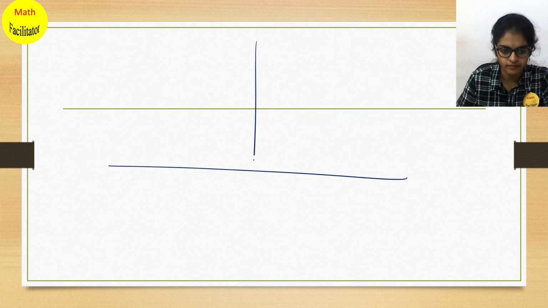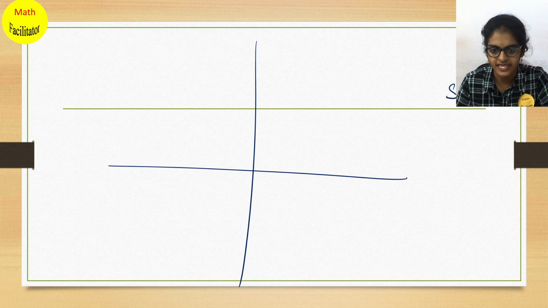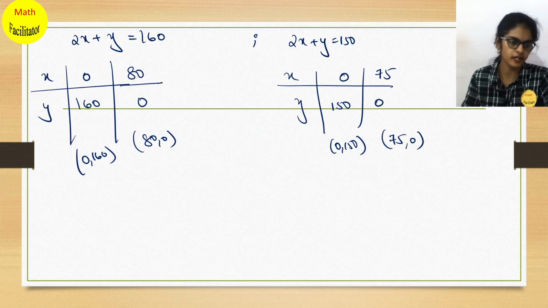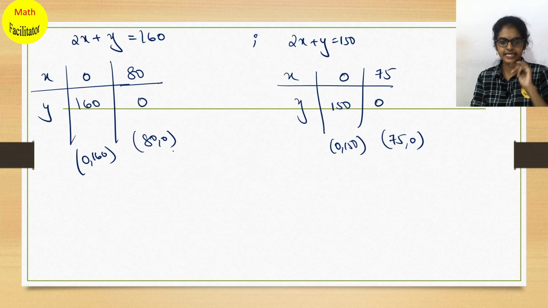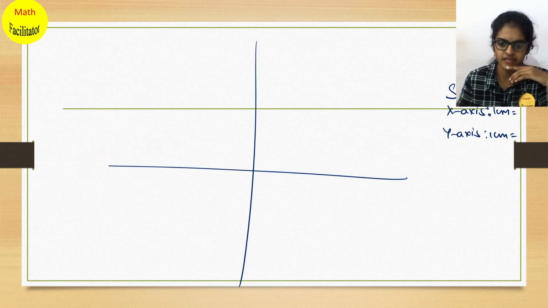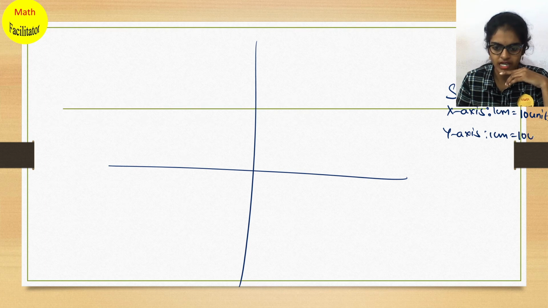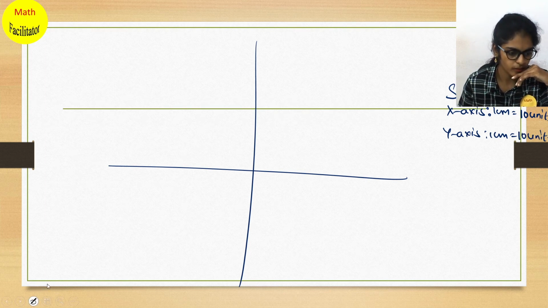So plotting, and as I told you, you will write the scale, on the x-axis and y-axis. 1 centimeter equals how many units shall we take? Let's see here. So (0, 160), (80, 0), (0, 150), (75, 0). In multiples of 10 I will take. So on the x-axis I'll take 10 units, and on the y-axis also I'll take 10 units, because they are bigger values. So let me plot the points here.